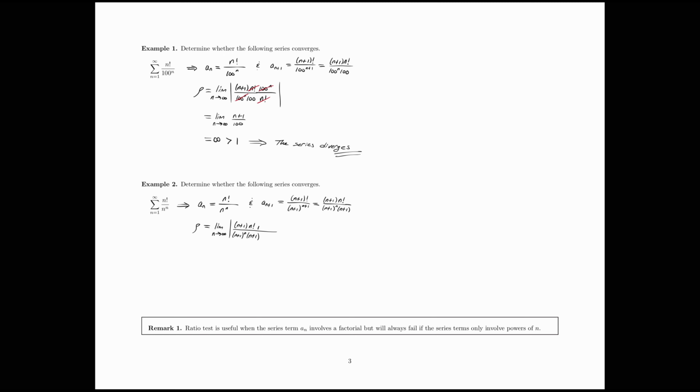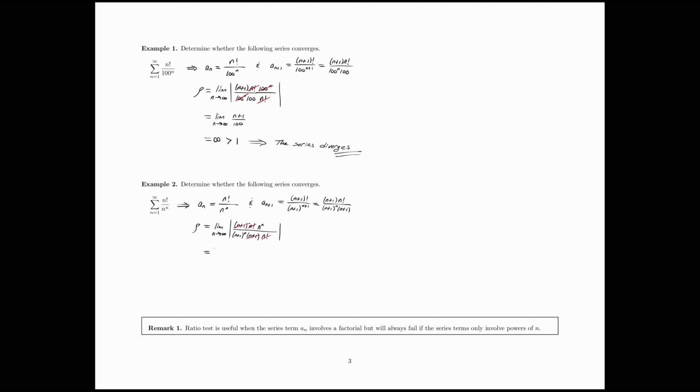All right, so we'll have n to the n and an n factorial. Cancel what's in common. There's always going to be some stuff in common that we can get rid of. So what are we going to have here? The n plus 1s will cancel out.